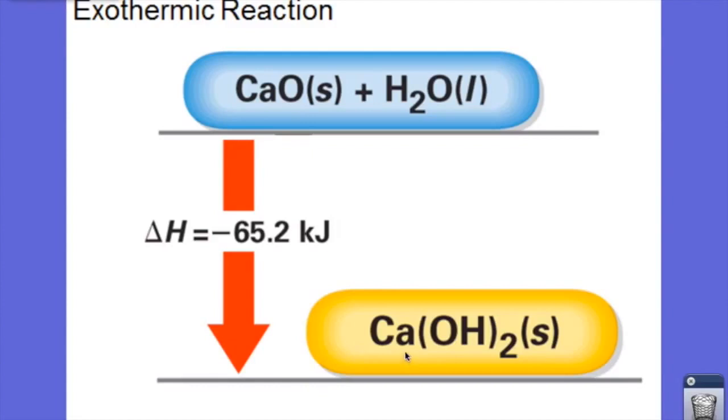This is calcium hydroxide. Forming bond is exothermic. You release heat when you are forming bonds. As you can see here, we are using delta H. It is change in enthalpy.